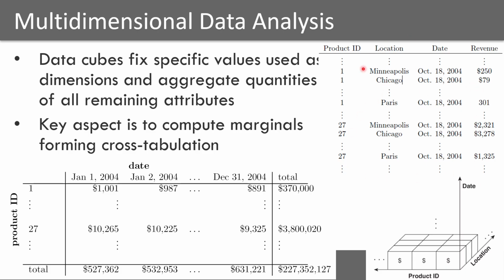So this information we can represent in our data cube logic as a three-dimensional array, where one axis will be the product ID. Then another one will be the location of the store, Minneapolis, Paris, Chicago, and then we have the date as the third axis, and the rest is aggregated, which is the value of the prices.